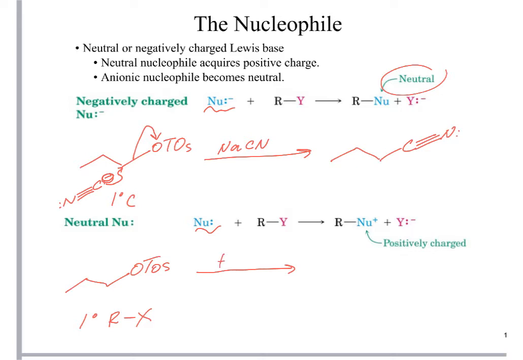So if we have H2O as a nucleophile, and again, the nucleophile will approach from the backside, tosylate will be expelled, and our initial adduct will need to be deprotonated.